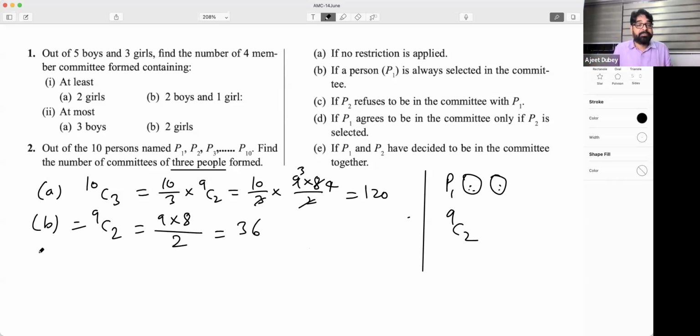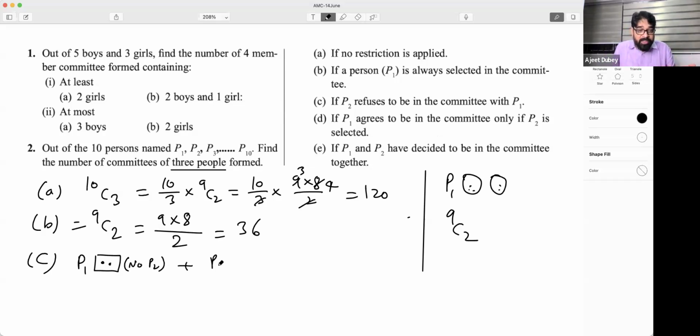Coming to the C bit. If P2 refuses to be in the committee with P1, this is the interesting question. P2 is not saying he will never come. He's saying, I will come only when P1 is not there. So what are the possibilities? P1 is there and two other people, but no P2.